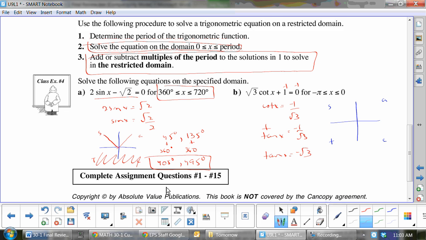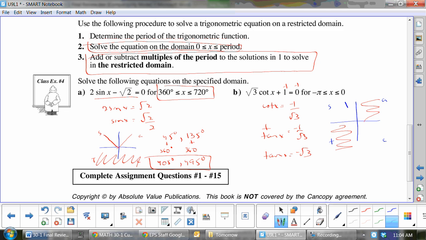Where does tan x equal negative root 3? Now, first of all, I am going to get out of here and here, correct? Because tan is supposed to be positive in those two quadrants, so it's not in those two quadrants. So where is negative root 3? Where is it? 1, 2, 3. 2 pi over 3 would be, so that's 4 pi over 6, right?